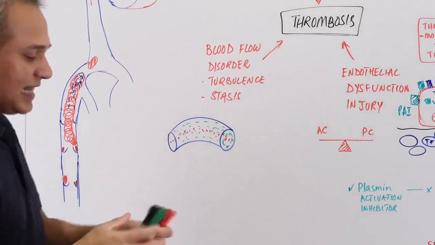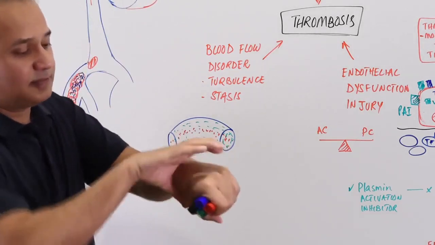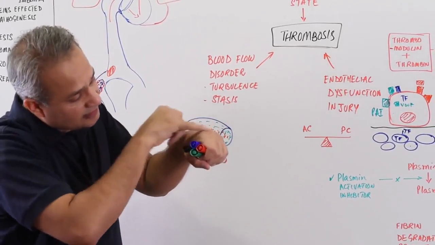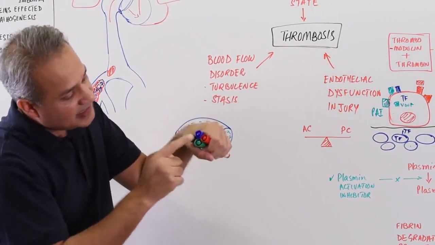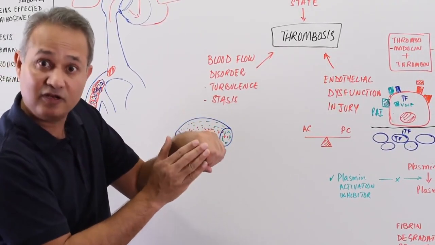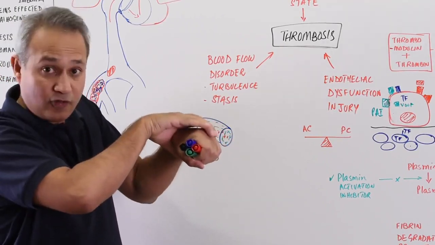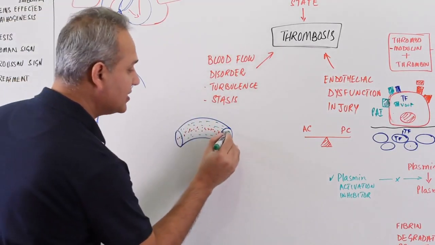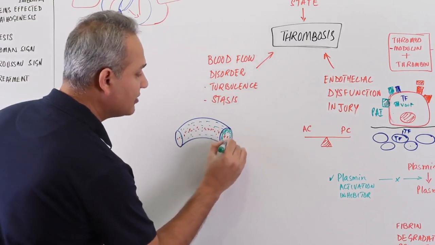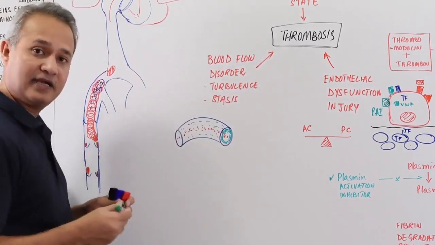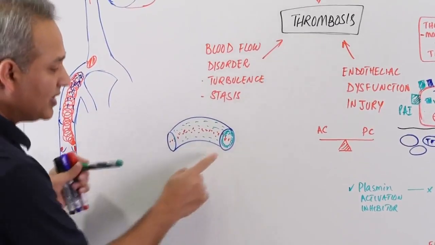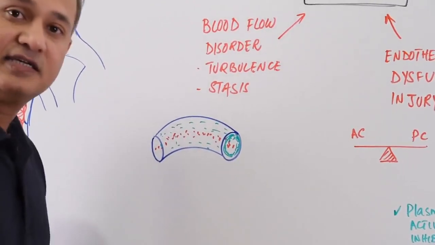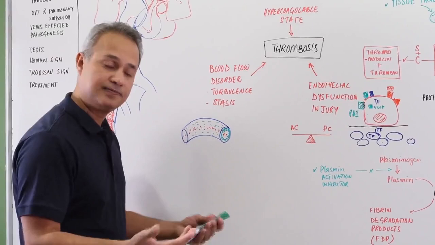So if this is the blood vessel wall, then the blood vessel is in contact with the plasma layer, and inside the center of the plasma is the cellular layer. This is the laminar blood flow. What is the benefit of this blood flow? The benefit is that plasma comes in contact with the endothelium more than the platelets, because platelets are in the center of this laminar flow, and that prevents unnecessary thrombosis.